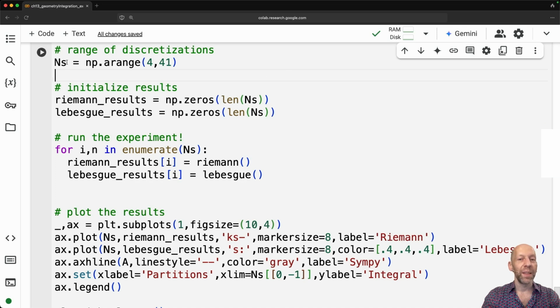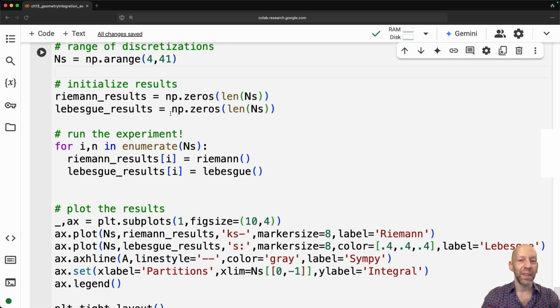So here is the variable for the range of partitions, the different partitions that we're using. The experiment is actually very simple in terms of code once you've already written these Python functions. All I'm doing is changing this variable n. Notice I don't even call this as an input variable. I'm just leaving this as an external variable because these functions are really custom tailored for exactly this exercise.